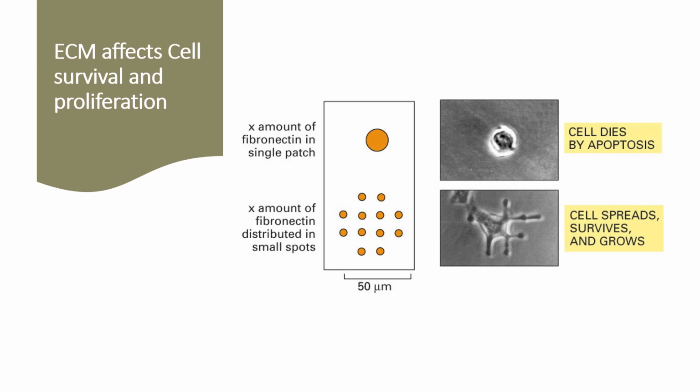So, the cell also dies by apoptosis, and there are certain cases where the cell spreads, survives, and grows. Everything happens with a sequential balance so that a proper healthy state and condition is maintained. So ECM is also responsible for promoting the cell survival and proliferation.